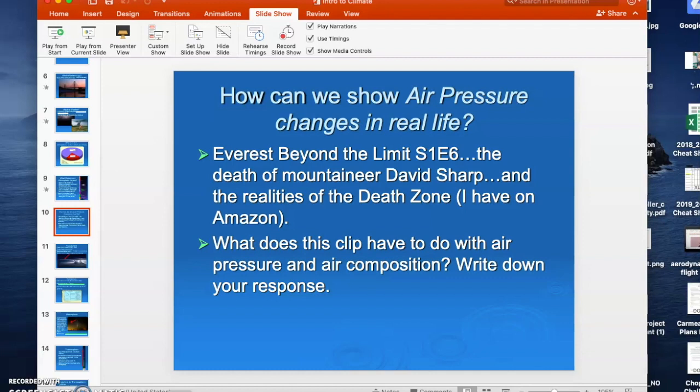The reason is that as you go higher in altitude, there are fewer objects for the gas molecules floating around the atmosphere to collide with. Air pressure comes from gas collisions, so when you decrease the number of collisions, you are decreasing the air pressure. And as you saw in that video, there are some very severe effects of those pressure changes.